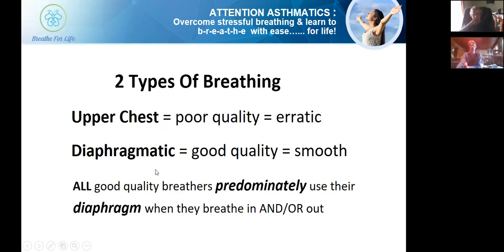Now, one thing I noticed with every single person who was a good quality breather is that they all predominantly use their diaphragm when they breathe in and or out. So why do I say and or out? So the reason is because, for example, a singer can have an absolutely fantastic exhalation, but they have a very poor quality inhalation, and a lot of them gasp.